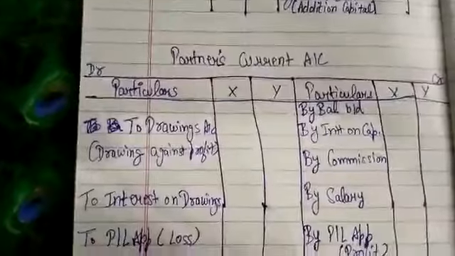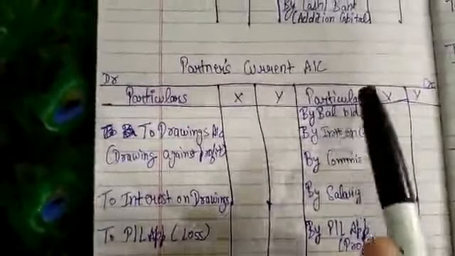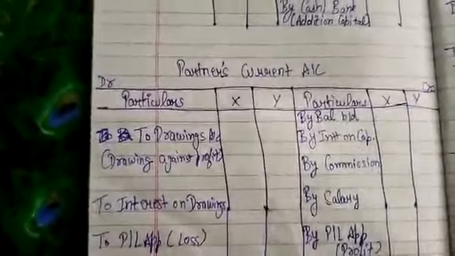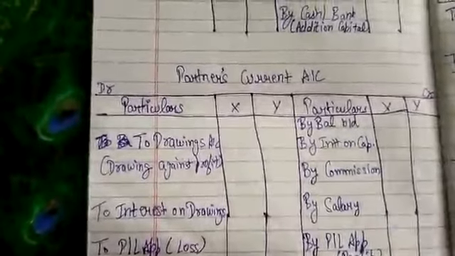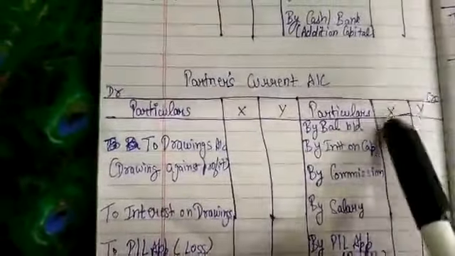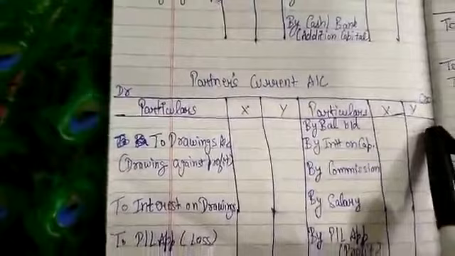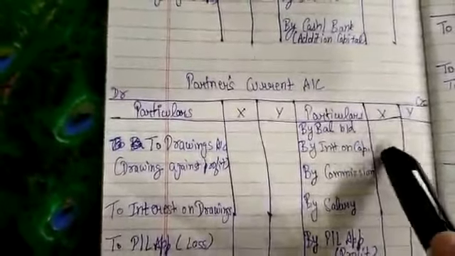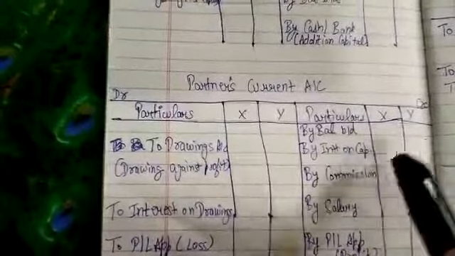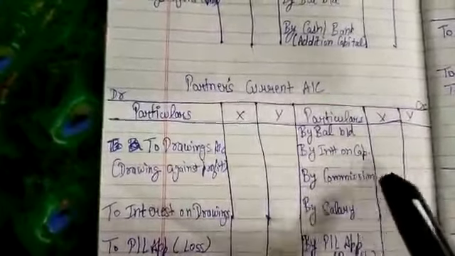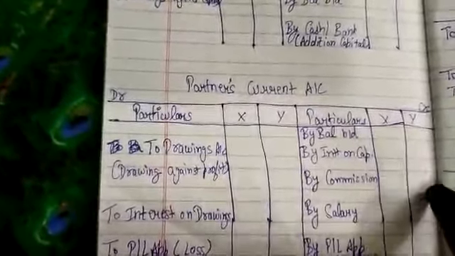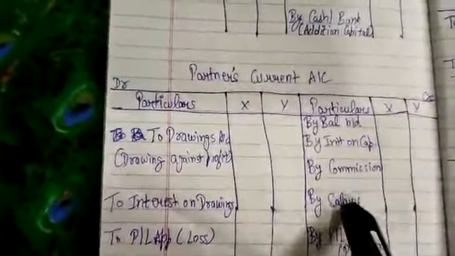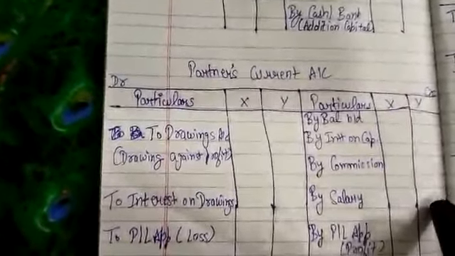In this partner's current account, there will not be any capital balance. If there is any balance of current account, we will show it in the credit side in the same method. Any interest on capital which partners will receive, it will be shown in the credit side. Any commission which the partners will receive, it will be shown on the credit side. Any salary if they will receive, it will be shown on the credit side.